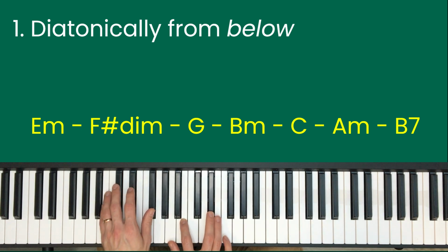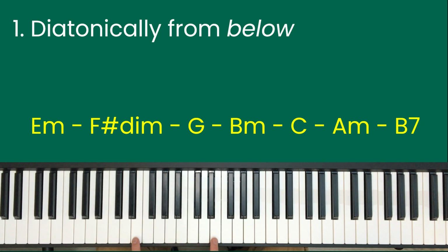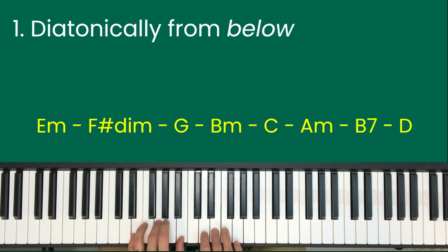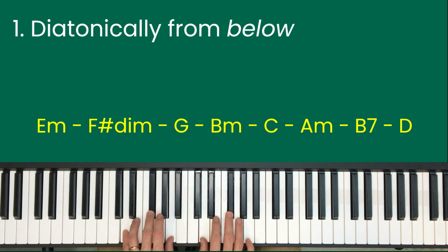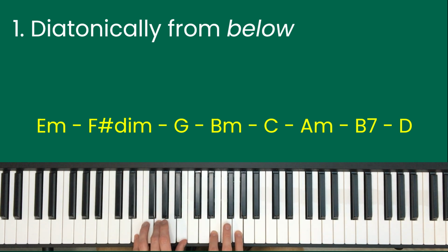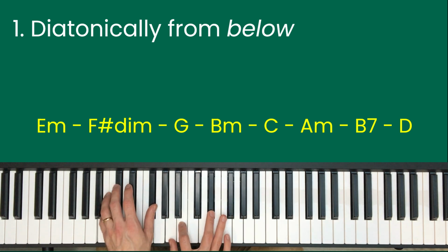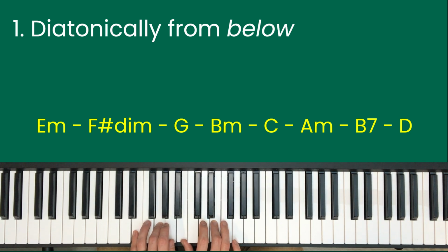Now, we could also approach E minor, because we're going back to the top of the form. We could approach E minor from the diatonic chord below it, which in this case would be D. So we go from B7 to D. That's quite nice. However, we've already got that strong B minor 7, which leads to E minor. But for the sake of this exercise, we'll put all the passing chords in.